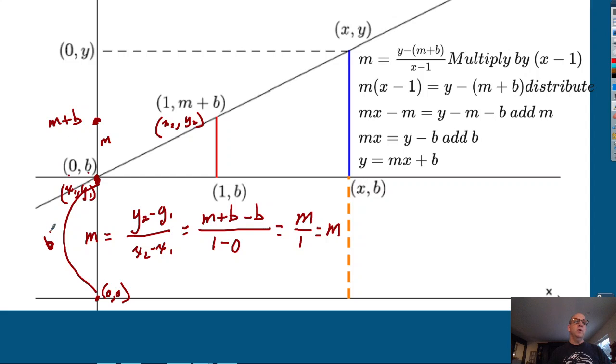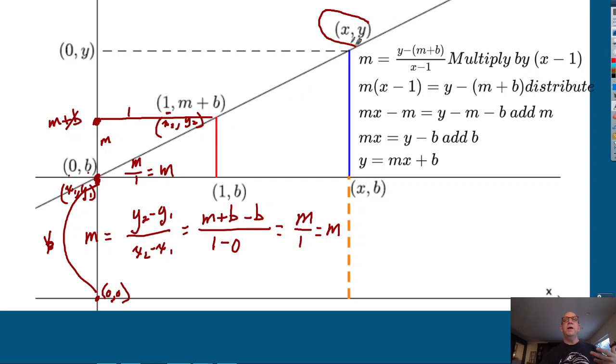So if I subtract the b, this part right here from here to here is m. And this distance across is 1. So the slope is m over 1, which is m. So we've got that out of the way. The slope of this line is m.